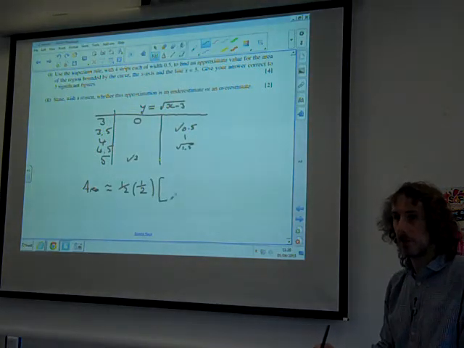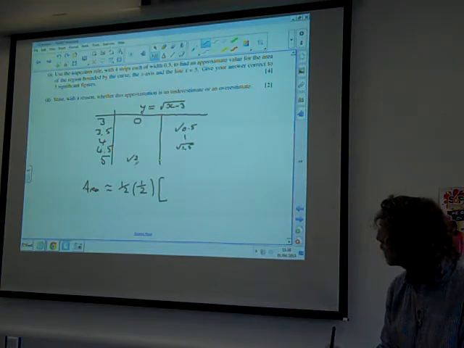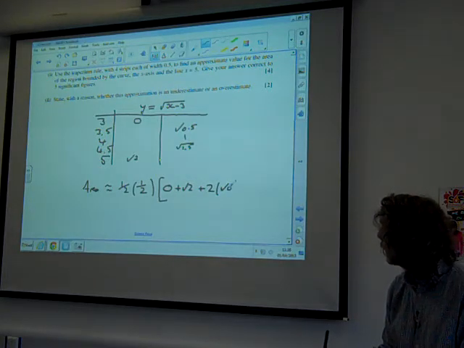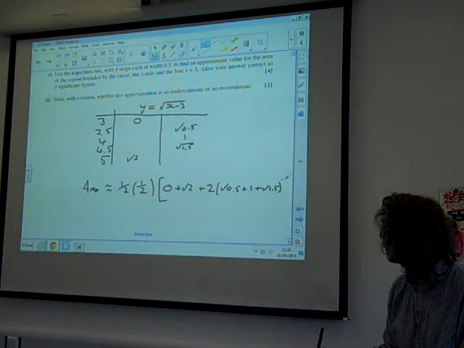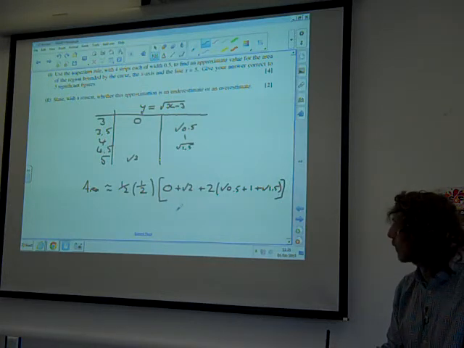And then, I've separated mine into the 2 columns, so I've got the first plus the last, 0 plus root 2, plus twice all the others. So twice root 0.5, plus 1, plus root 1.5. And at that point, we just throw that straight into the calculator.